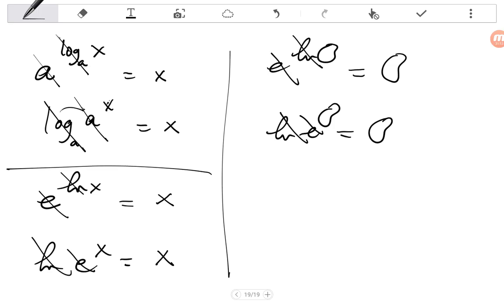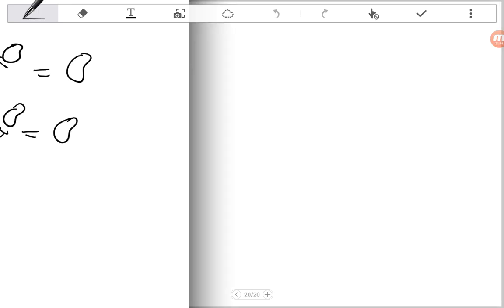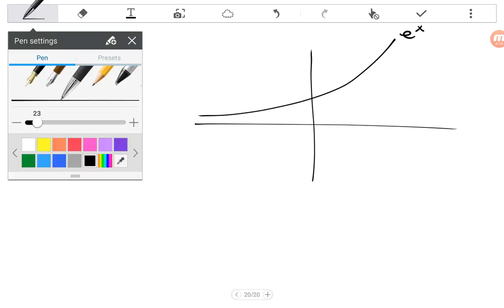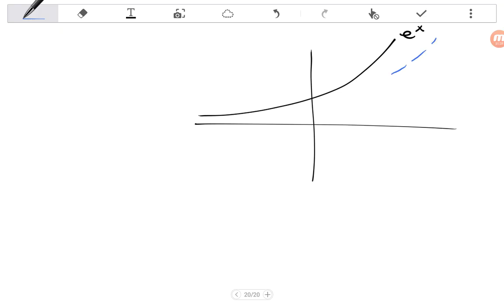so let's focus on the natural exponential and its inverse, which is called ln. This is the exponential function e power x. To find the inverse, as we have just learned, we make a reflection about y equals x.